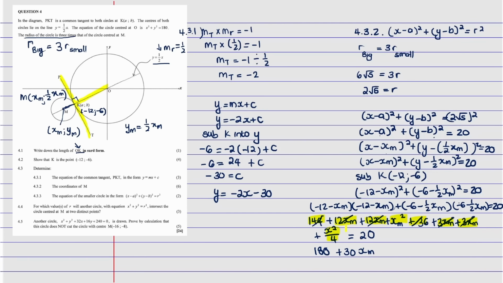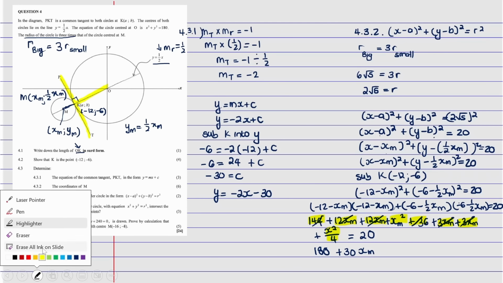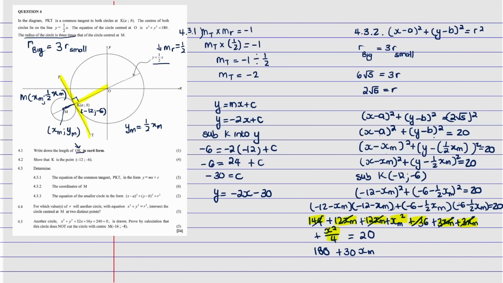So if we say 1 plus 1 over 4, we're going to get our answer as plus 5 over 4 xm squared, and this is going to be equal to 20, right?